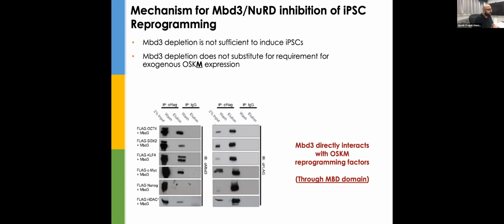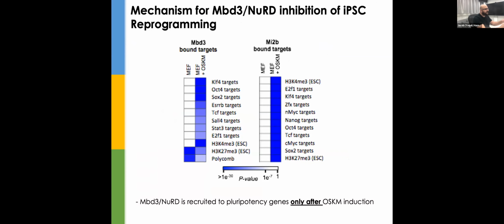And as for the mechanism, we wanted to understand what is happening. What we found is that the Yamanaka factors, OCT4, SOX2, KLF4, and c-MYC, OSKM, when you induce them in somatic cells, they bind Mbd3, which is expressed in all our somatic cells, and go to the pluripotency genes. You can see here by ChIP-seq analysis that the Yamanaka factors bind the pluripotency genes, here in blue, only after they are induced.